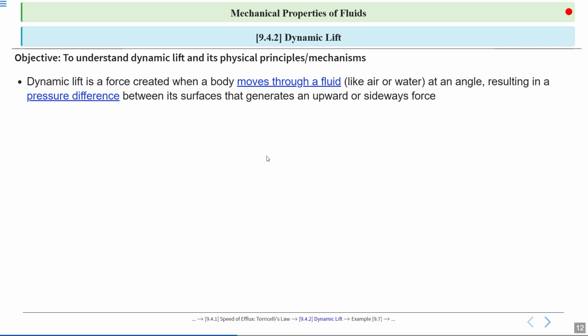When a body moves through a fluid like air or water at an angle, it creates a pressure difference between the top and bottom surfaces. This pressure difference results in a force that can push the object upward or sideways. For example, this is the same principle that allows airplanes to stay in the air.